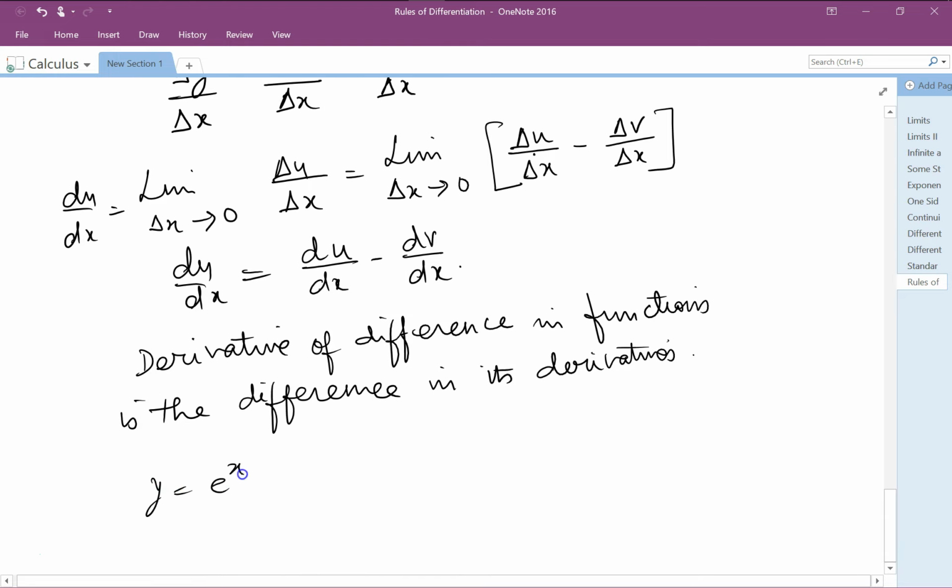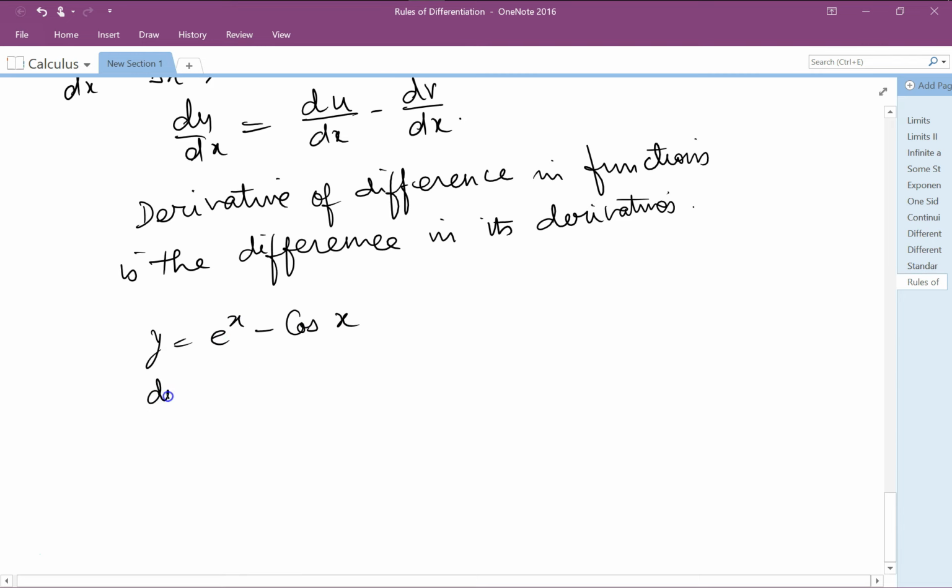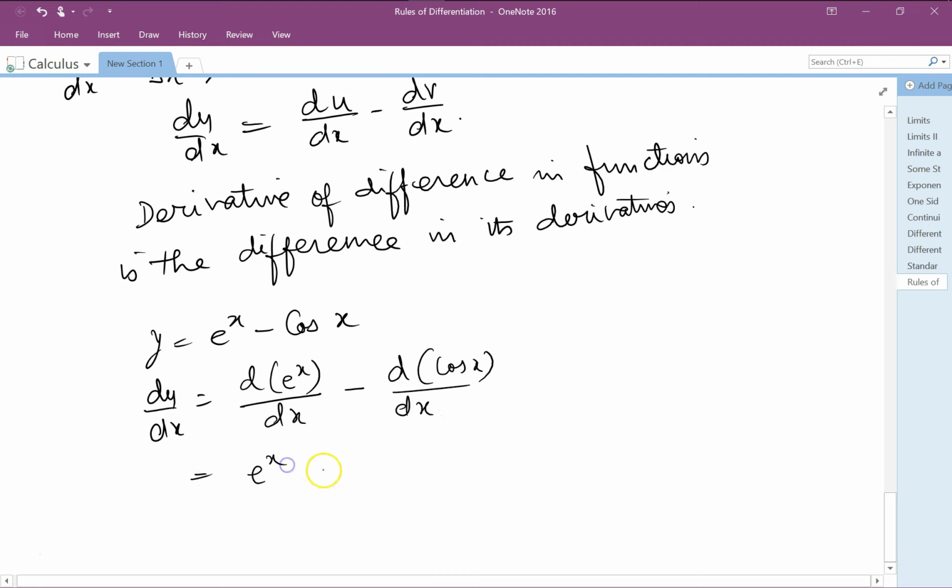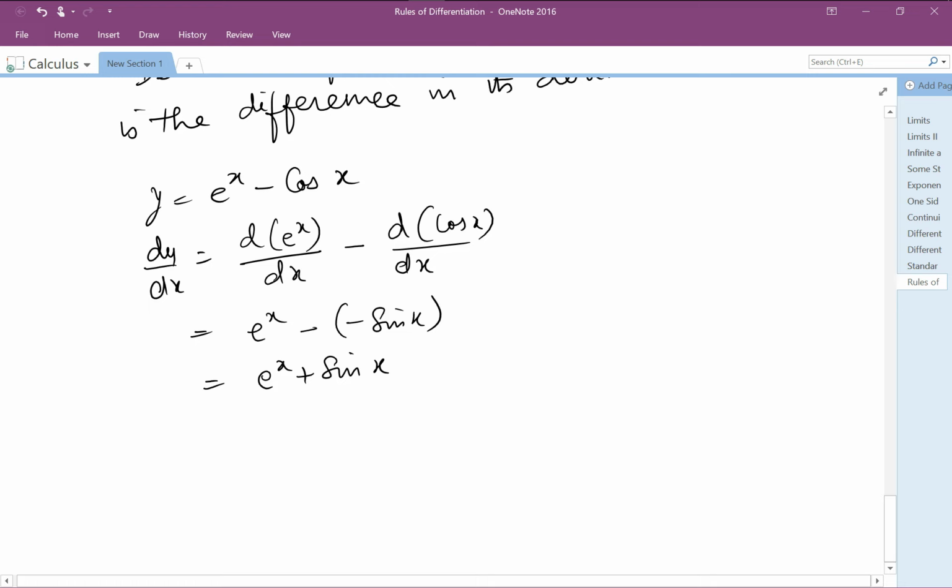So y is equal to e to the power of x minus cos x. dy by dx would be the derivative of e to the power of x by dx minus d cos x by dx, which is e to the power of x itself minus minus sin x. So e to the power of x plus sin x. Here there is a small tricky part with e to the power of x. We'll look into it later.